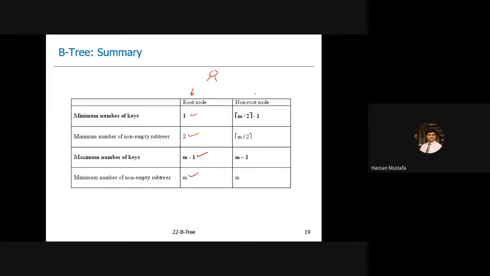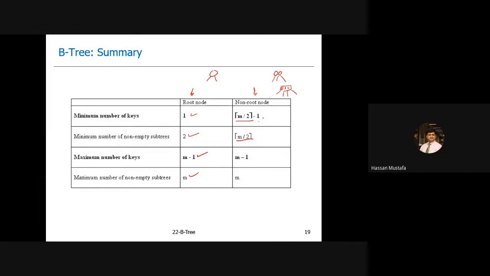For all other nodes, the minimum number of keys should be ceiling of m by 2, minus 1. And if we have this number of keys, then we should have ceiling of m by 2 children. So remember, if we have 2 keys in a node, then we should have 3 children. If we have 3 keys in a node, then the node should have 4 children.